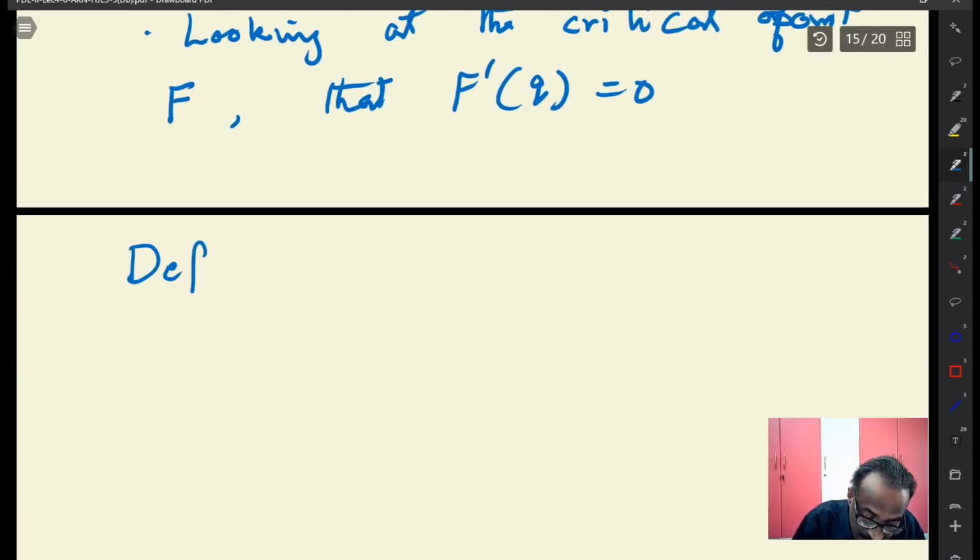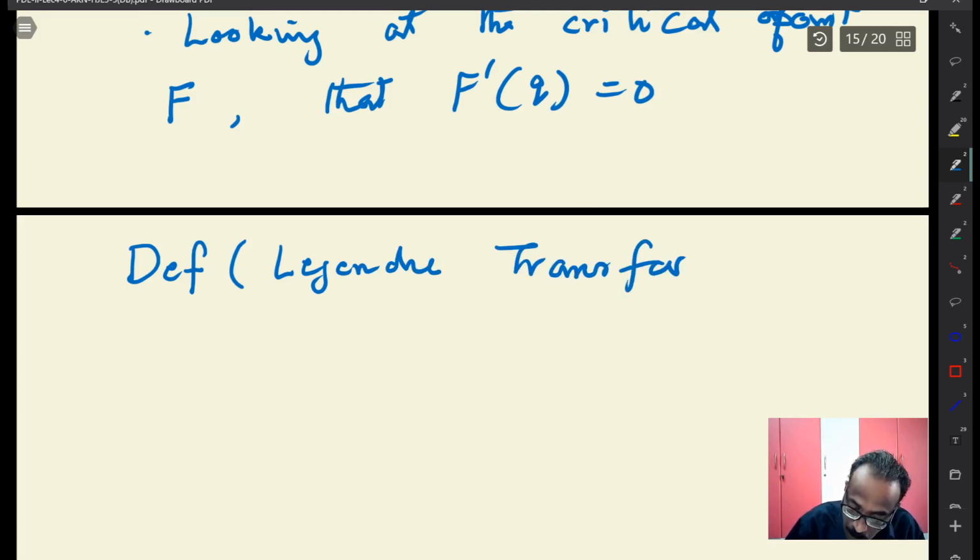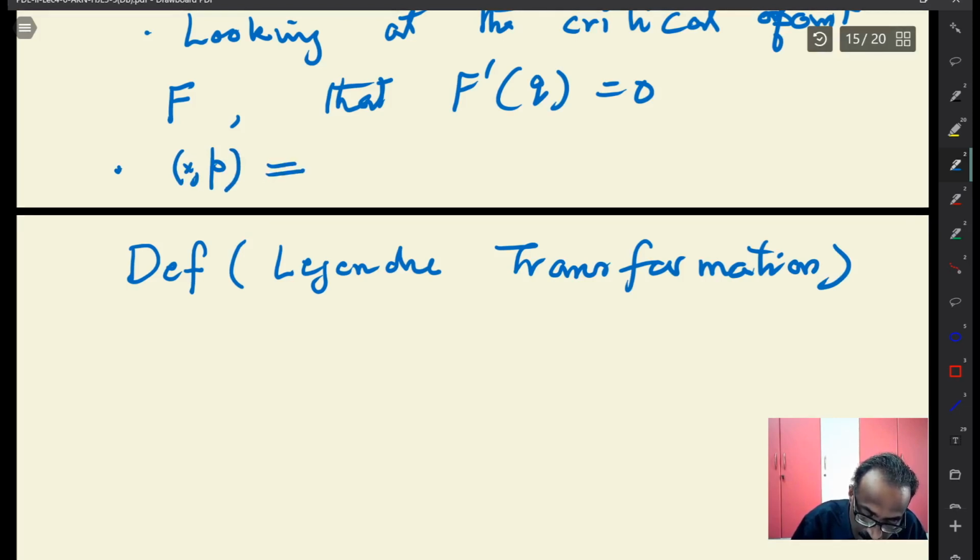So you define, as a definition, the Legendre transformation. Precisely, given X and P, you solve for Q, which depends on P. Of course, you can depend on X, that's fine, because now we are not having an explicit expression, so you don't need X here.